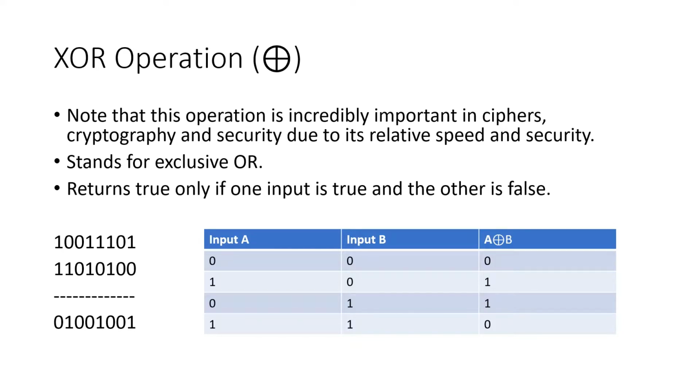This operation is very, very, very important to us because it can be done incredibly quickly, as it's only a 2-bit operation, and it can conceal the data very well because, well, if you have two inputs, your key and the thing you're trying to encrypt, you won't really know which one is a 1 or a 0.